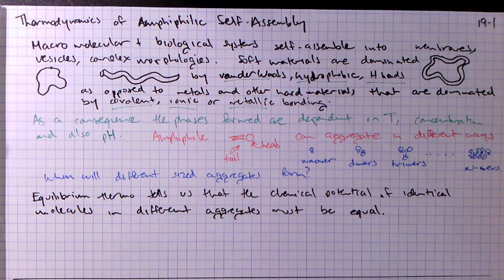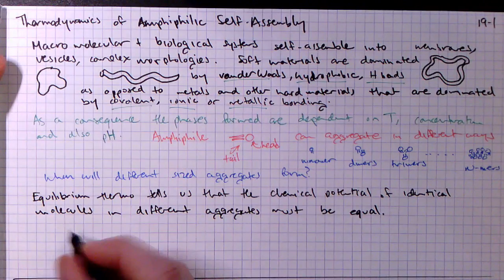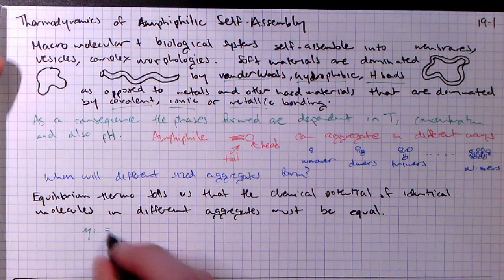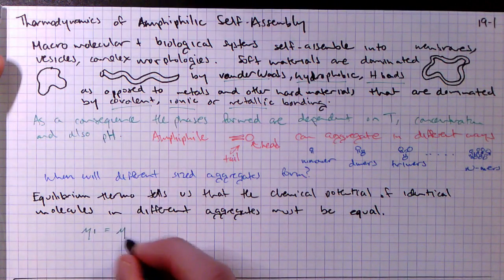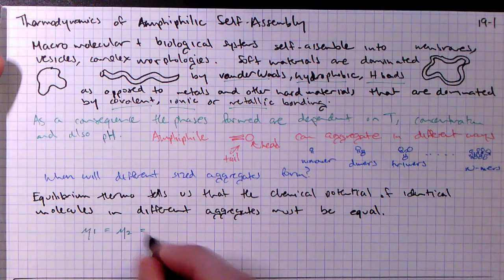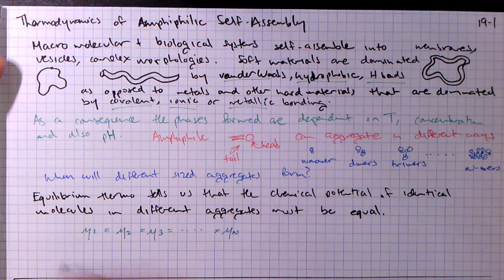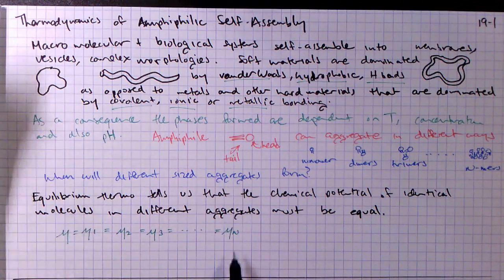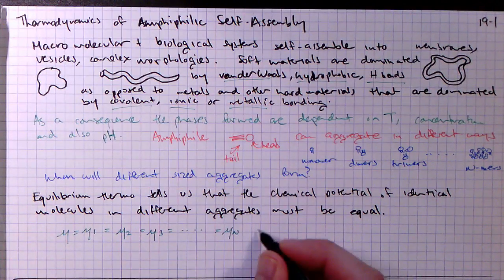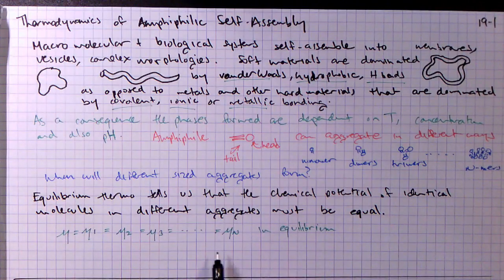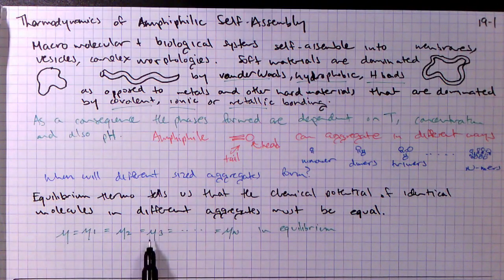So if we look at the same amphiphile in a monomer that's just floating freely in the solution, and an amphiphile that's sitting in a dimer, and an amphiphile that's sitting in a trimer, and an amphiphile that's sitting in some N-mer, those all have to be the same. Those all have to be equivalent, otherwise it wouldn't be an equilibrium. Otherwise, the amphiphiles would start moving from, let's say, aggregates with 3 molecules to aggregates with N molecules.